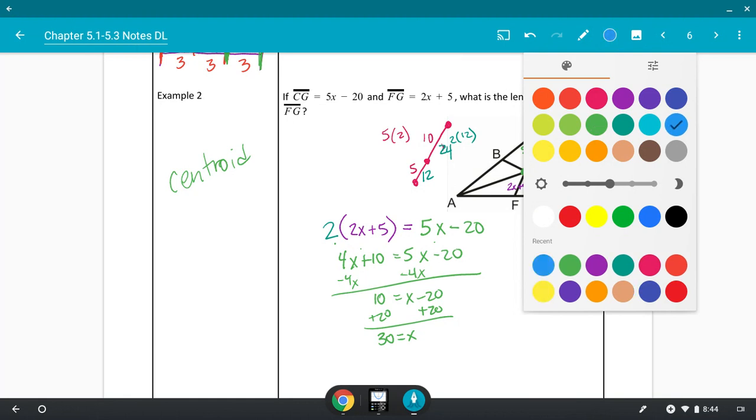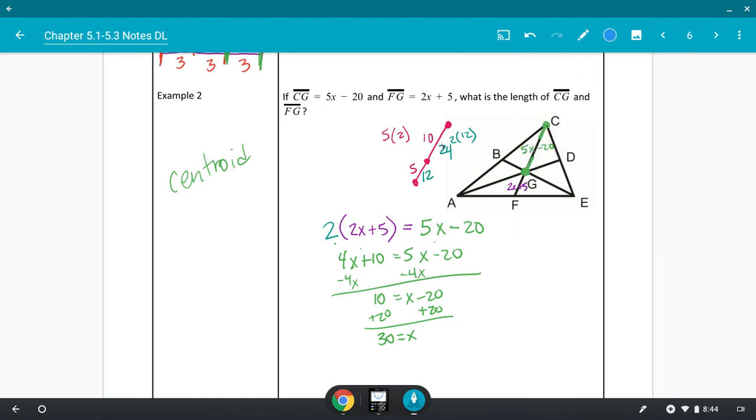And we have to figure out if we answered the question, and we did not, because they want to know what is the length of CG and FG. So CG is going to be 5x minus 20, or 5 times 30 minus 20, which is 150 minus 20, and that's 130.